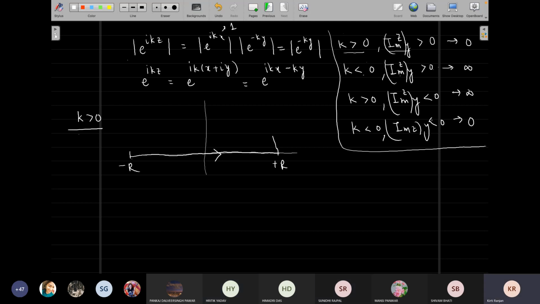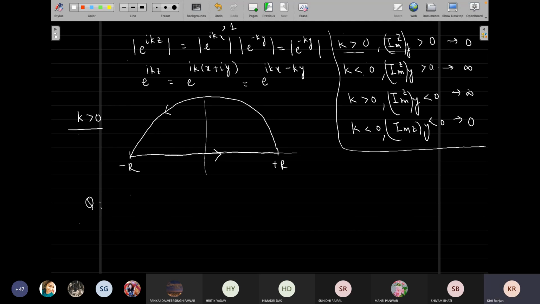Since k is greater than 0, the only way to solve this is to choose a contour in the upper half. If you choose the contour in the lower half, our result will not remain valid. This is the additional thing compared to our previous problem. Other than that, solving this problem is similar to the previous one.